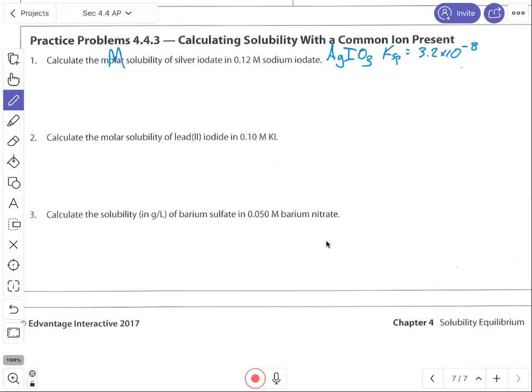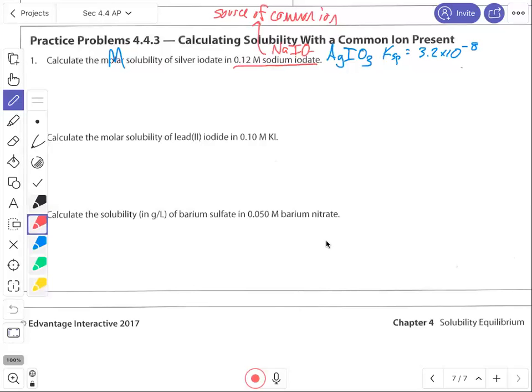So sodium iodate is the source of my common ion. The formula for sodium iodate would be NaIO3.